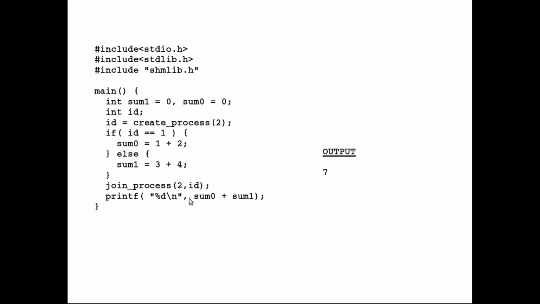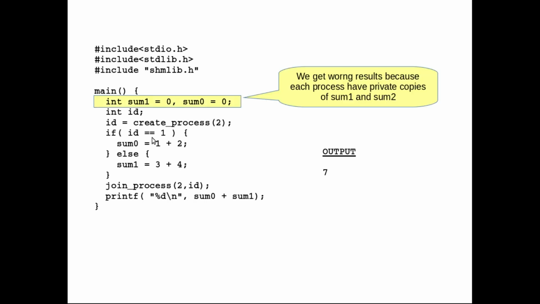So this program is not correct, and the problem with this program is that these two variables sum 0 and sum 1, each process will have their own private copies of these two variables.